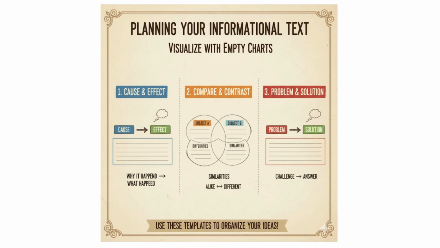If you're choosing cause and effect, you might draw what's called a flow chart. That's when you have a box, and then an arrow, and then another box. The first box, you'll put the cause in, and in the second box, you'll put the effect in.